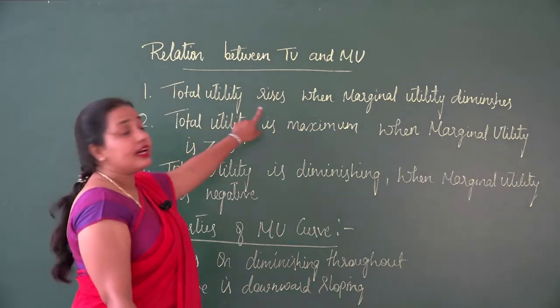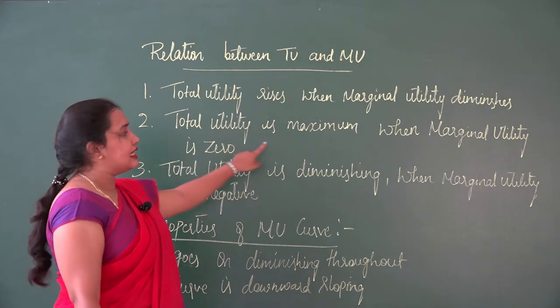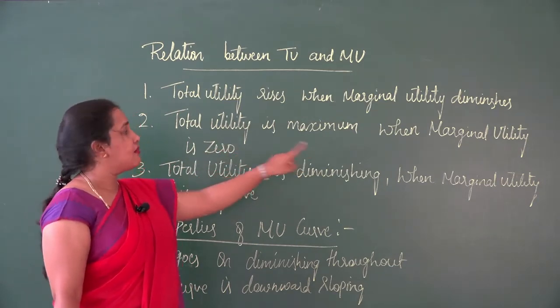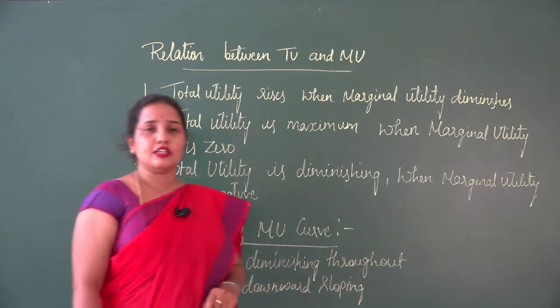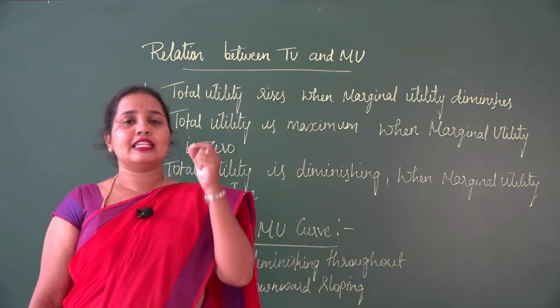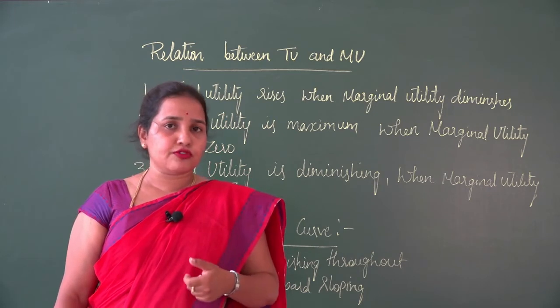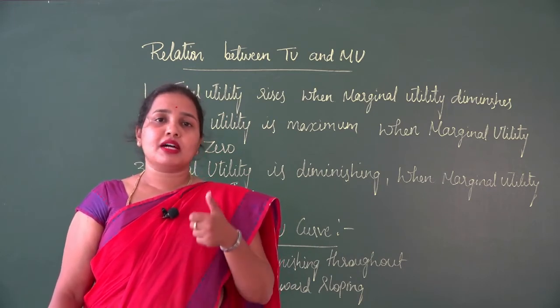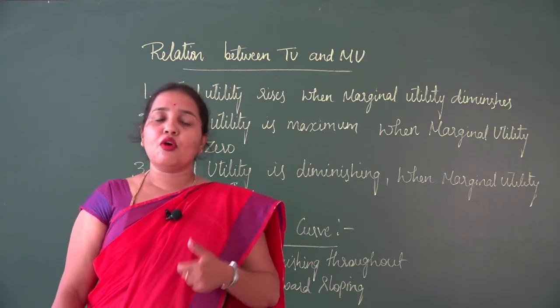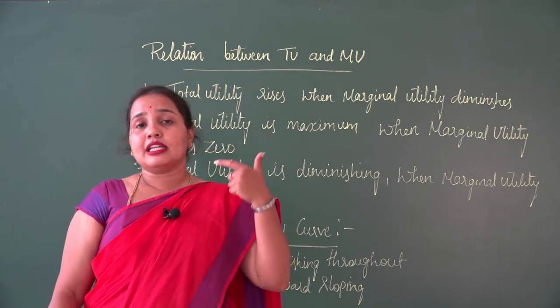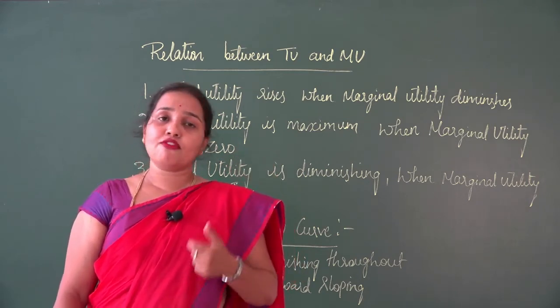Total utility is maximum when marginal utility is 0. When marginal utility reaches 0, that is, when the consumer consumes the 5th unit of the commodity, you see that marginal utility will be 0. By then, the total utility takes a maximum value of 50.